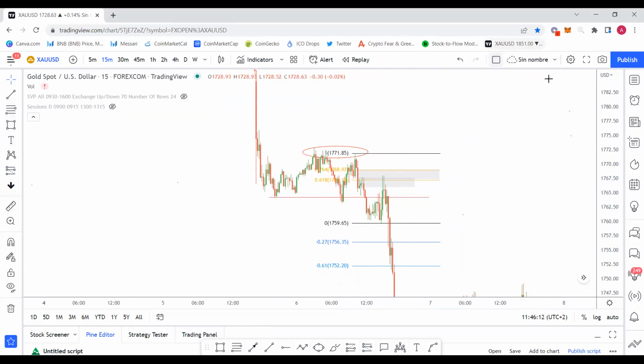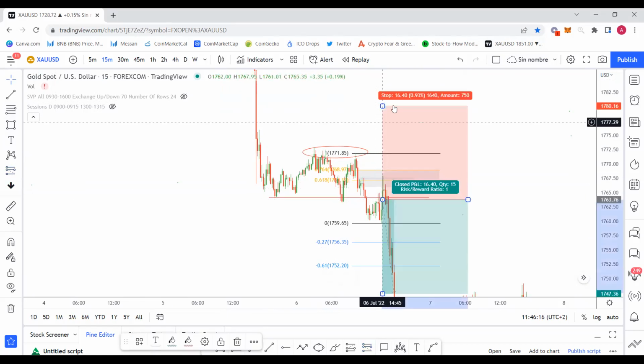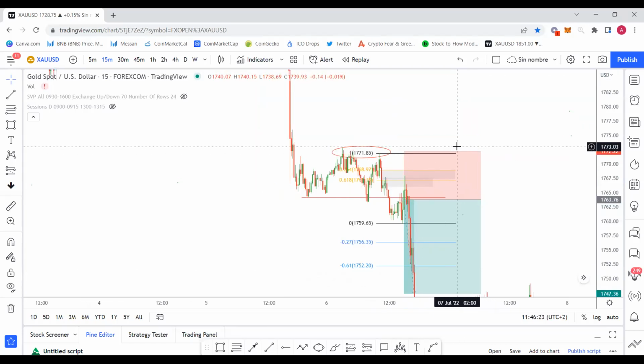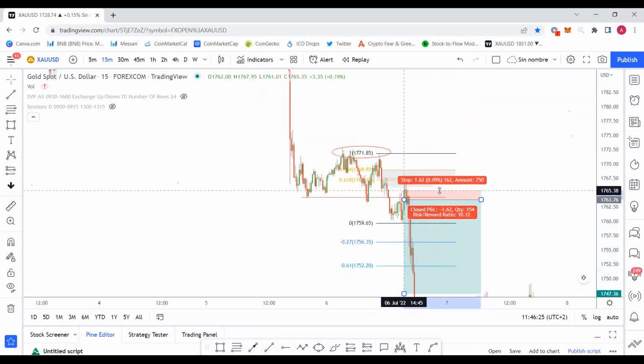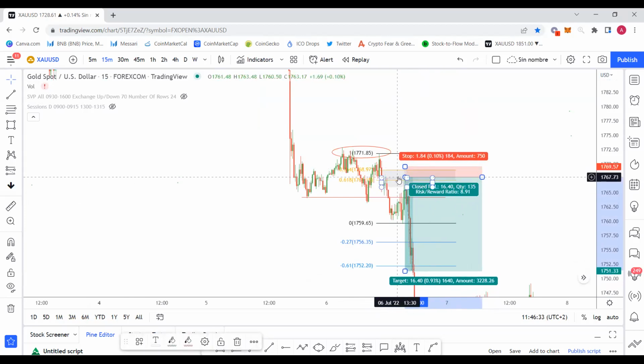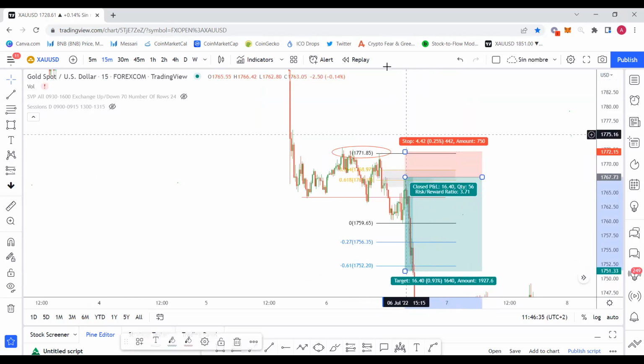If we were to enter on the neckline, we would have to place a much higher stop loss for us to hold the trade, or act like a retail trader and place the stop loss there, and they would get stopped out. Or act as a smart trader and place your entry there and your stop loss at a good area.